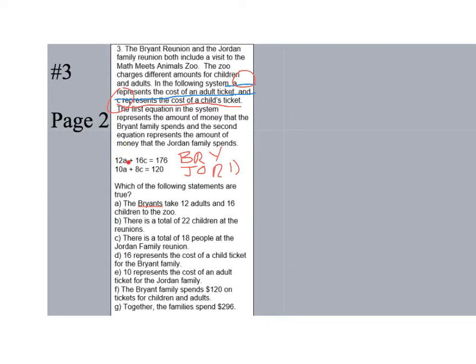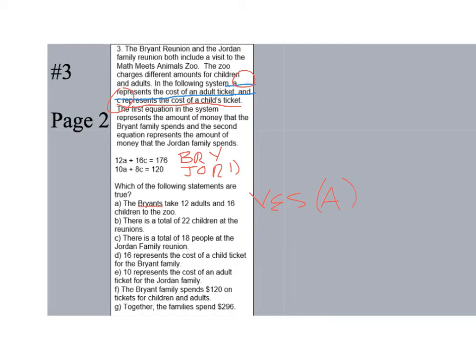That would be the total amount charged for adults, and then C is the cost of a child's ticket, 16 times C. So I feel like that makes sense. Remember, A is the cost of an adult ticket, C is the cost of a child's ticket, and 12A means 12 times that. So for the first question, I'm going to say yes for A.